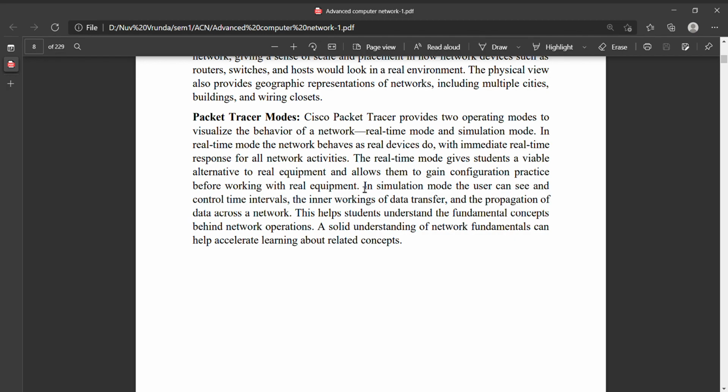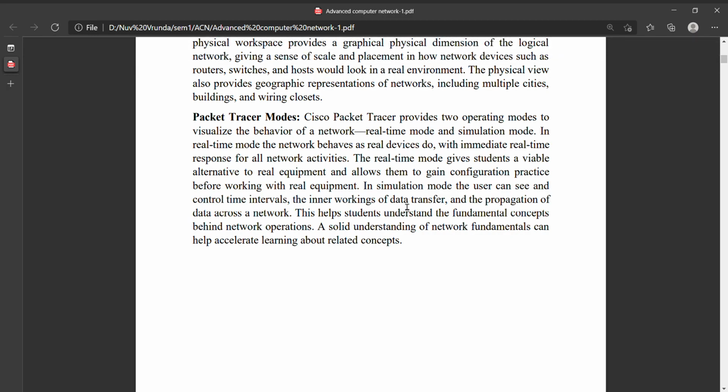In simulation mode, the user can control time intervals and see the inner workings of data transfer and propagation of data across a network. This helps students understand the fundamental concepts behind network operation. In simulation mode, we can see how the packet is transferred. In the next practical, we can see how the packet is transferred and which protocol is used.